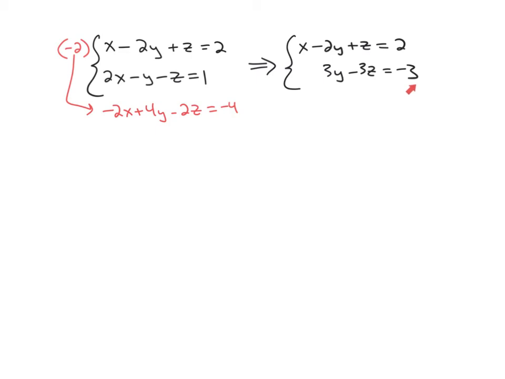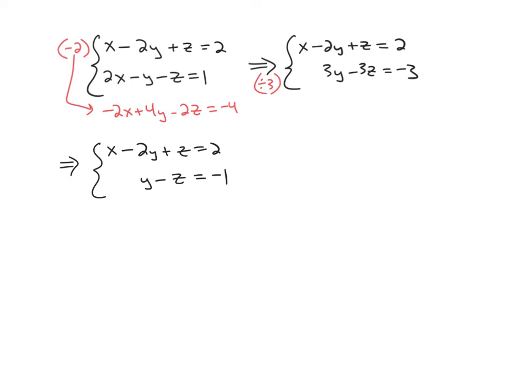So if you wanted to, you can always divide through by a number. I'm going to divide through by 3, so my system is going to change just a little bit. x minus 2y plus z equals 2, and then I'm going to end up with y minus z equals negative 1, because I divided all the way through by 3.